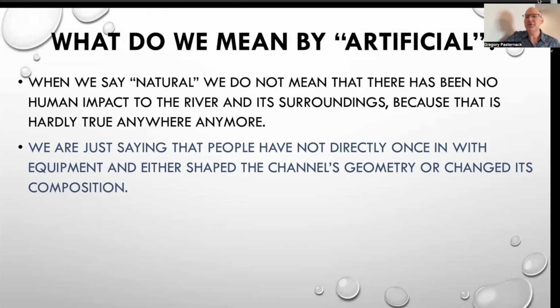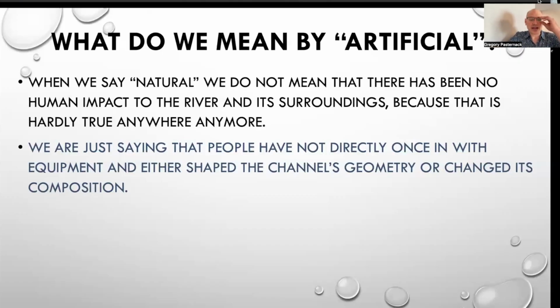Like, did people shape the river and potentially put in artificial materials? That's what makes it artificial. Any other kind of impact, like if they cut down the trees or over the decades the river entrenches, those are not artificial rivers.